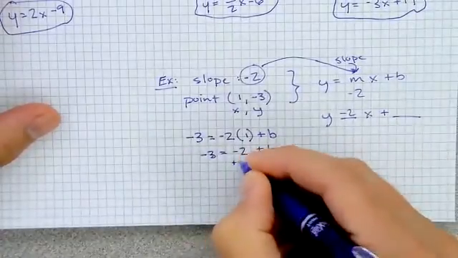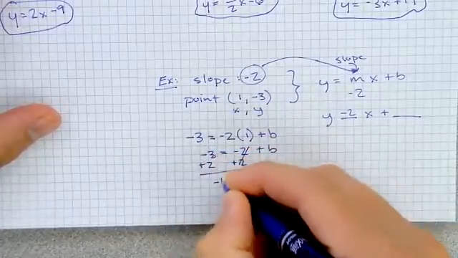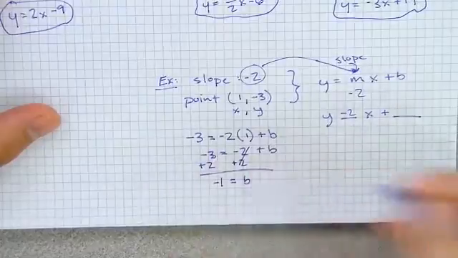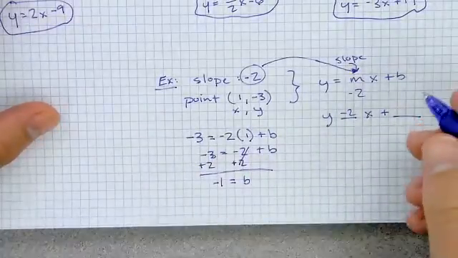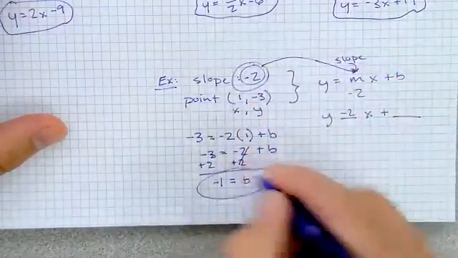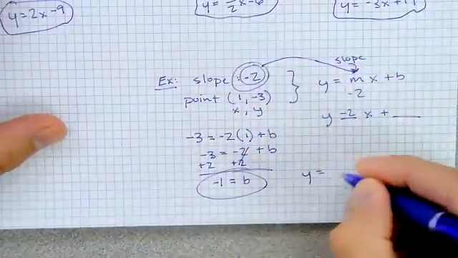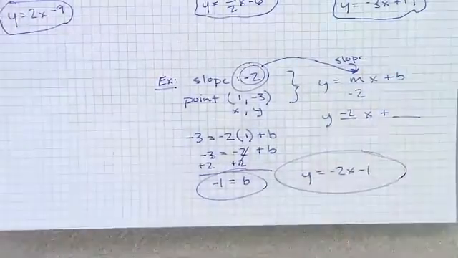So now I need to add the 2 over to the other side so I can solve for b. So then I get a b value of -1. So I have my slope, I have my y-intercept, y equals -2x minus 1.